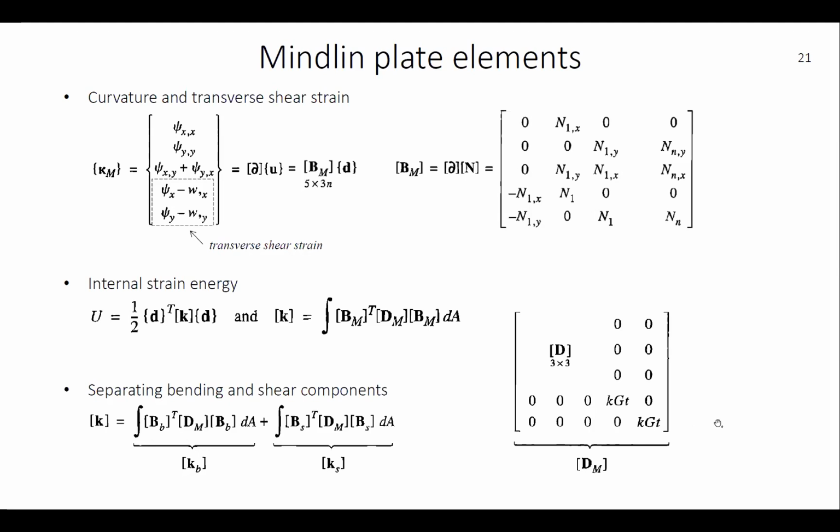So for the general case, using isoparametric formulations, we resort to numerical integration to determine the stiffness matrix in a similar fashion to what I showed in the previous lecture. So we have the component, index B stands for bending and index S stands for shear.